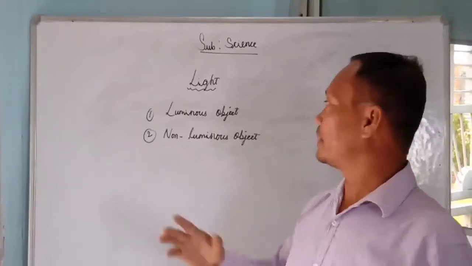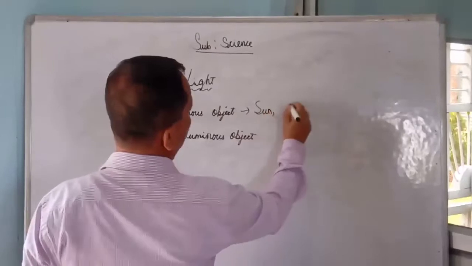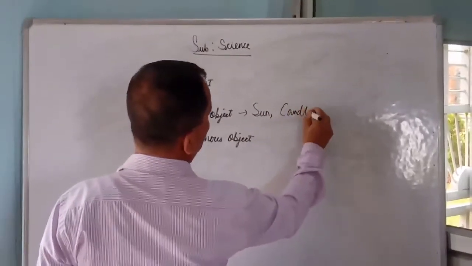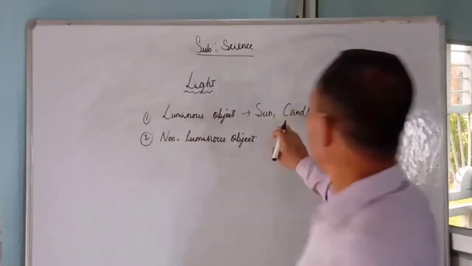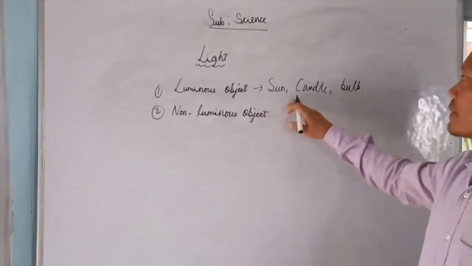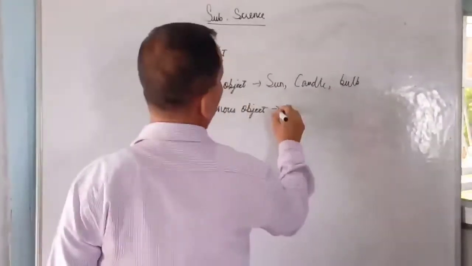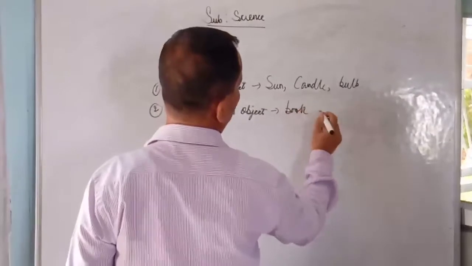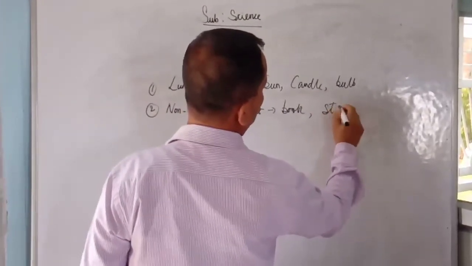Now we see examples. Luminous objects are like the sun, like a candle, like a bulb. These are luminous objects because they can give their own light. And non-luminous objects are, for example, a book, a stone.